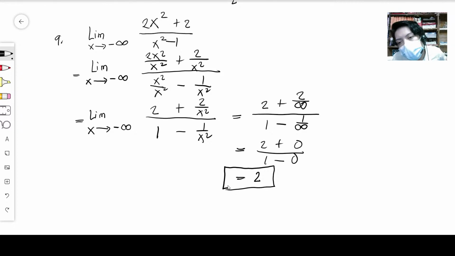Okay. So that's how you solve for the limits. Let me reiterate this one. Limit, let me write it here again. The definition of a limit.